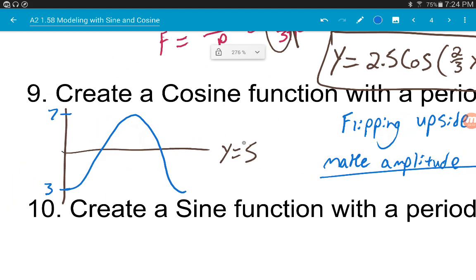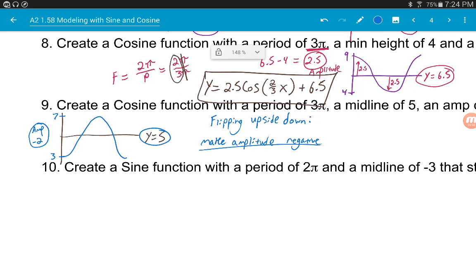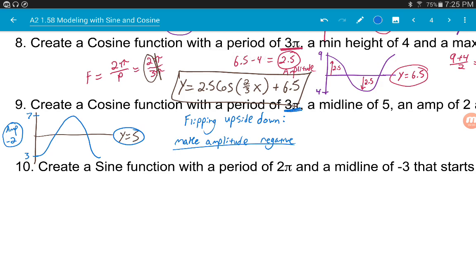So I know that I have my midline of y equals 5. My amp is going to be negative 2. And I just need to figure out the frequency with the period. So I'll take this 3 pi. Frequency is equal to 2 pi over 3 pi.